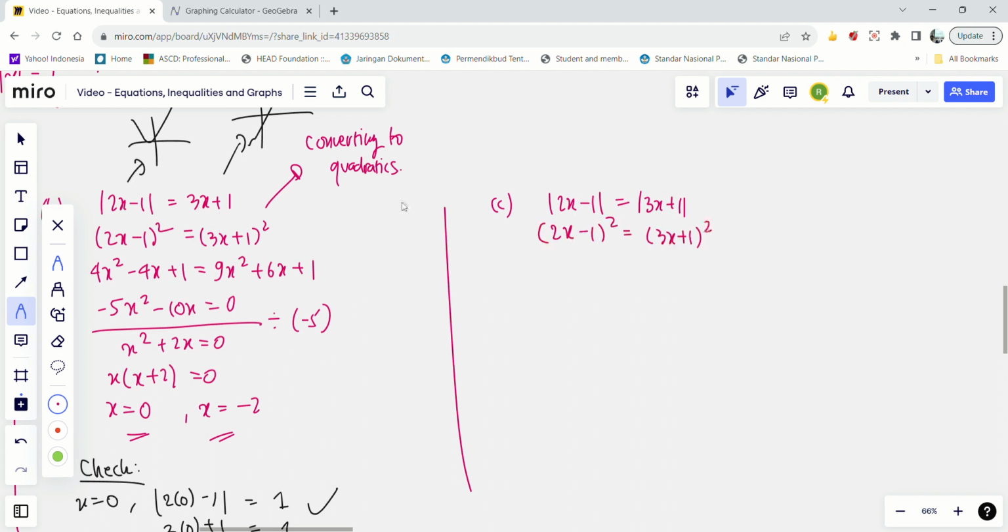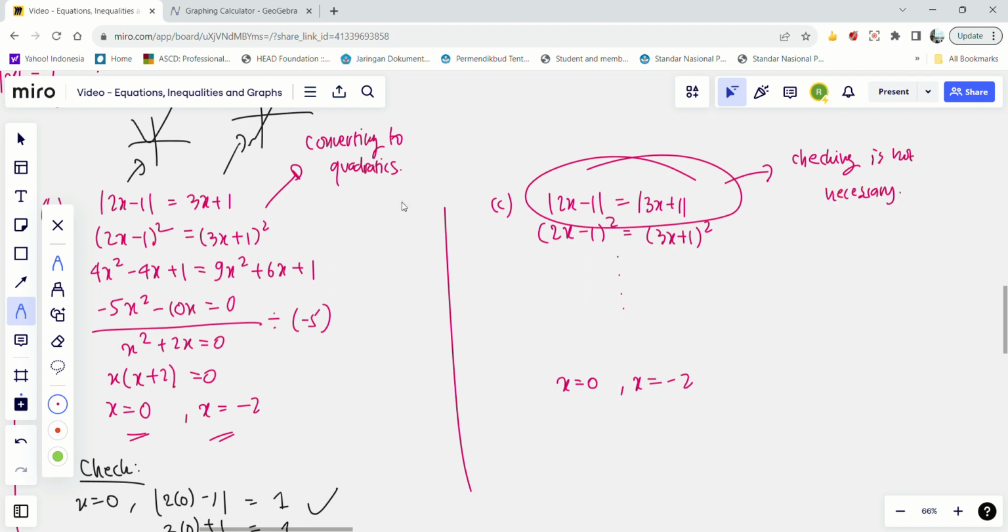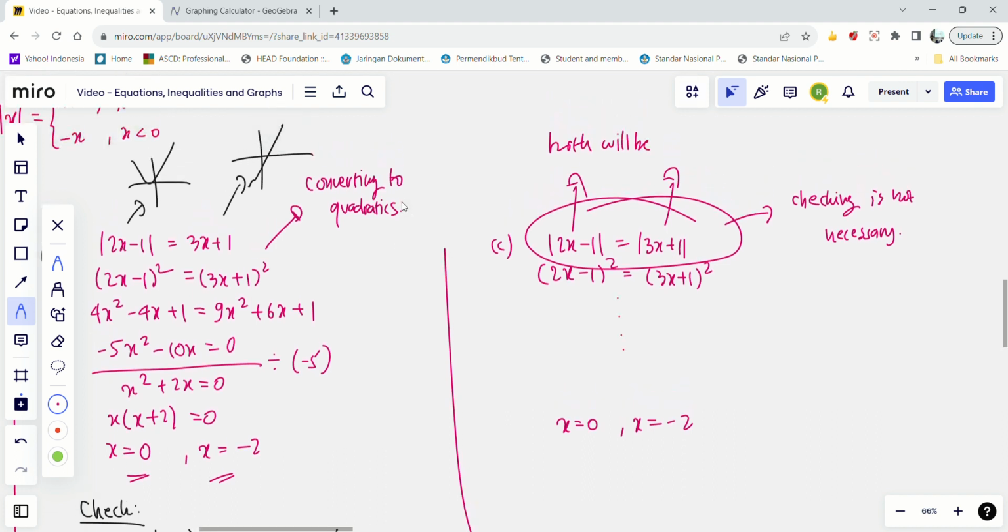I'll skip through this, and we get x equals 0, x equals -2. In this case, normally you don't really have to check because both sides are modulus already. Checking is not really necessary here, because if you work on the solution correctly, the two modulus make sure that both sides are non-negative. So it's fine.